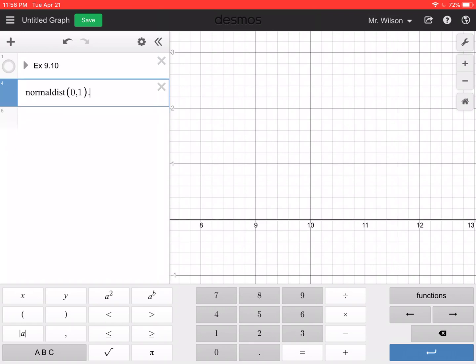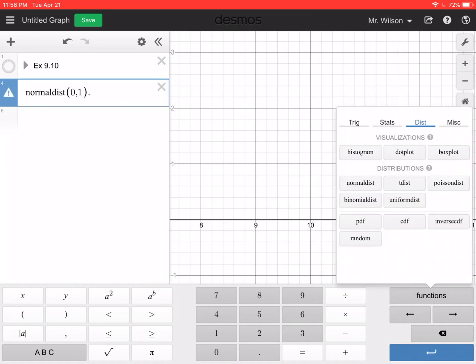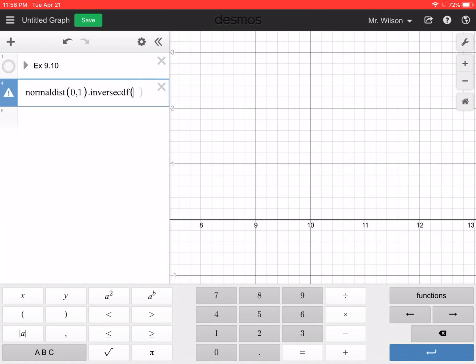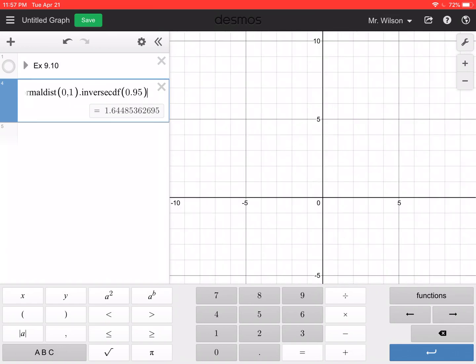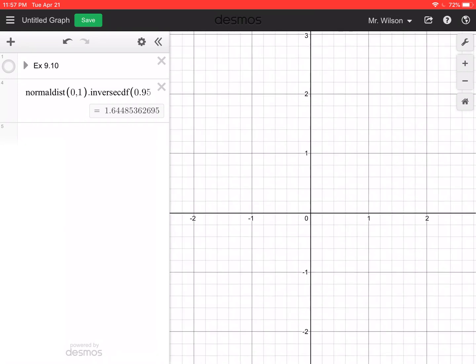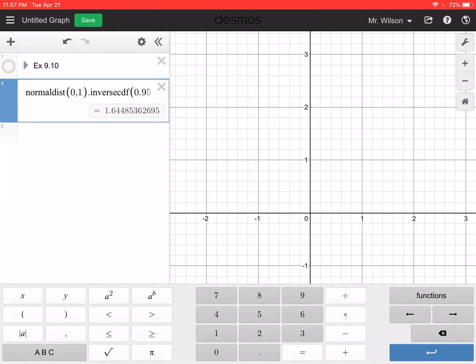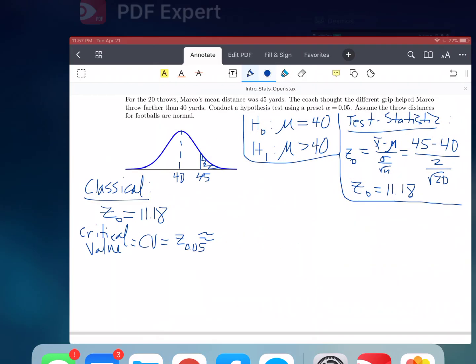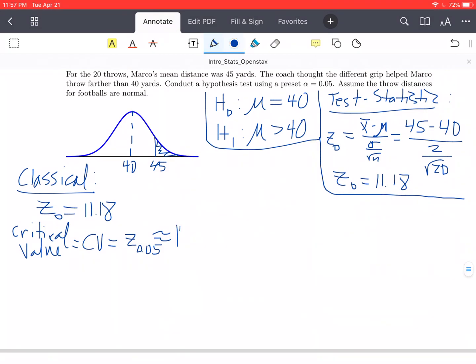We want the inverse, so we go to inverse CDF. For an alpha value of 0.05, we can only plug in the area to the left, so 0.95 is our area. That gives us our corresponding z-score, which is approximately 1.645.